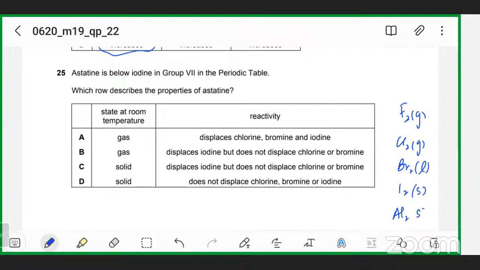Solid. Solid होगा. Is it going to be reactive or unreactive? Unreactive. So it's going to be D, right? It's going to be very unreactive. So it will not displace anything. ठीक है. चलो ठीक है, ये पूरा पेपर कंप्लीट करना.